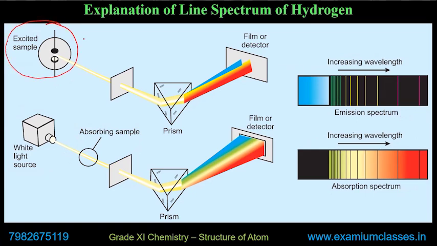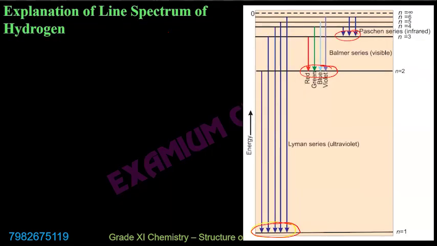We have hydrogen and we have it excited by providing energy. So hydrogen is in an excited state. And you know, when it is in an excited state, the electrons will move to higher orbits and then come back also. When they come back, they will release energy. That's why this diagram is there.